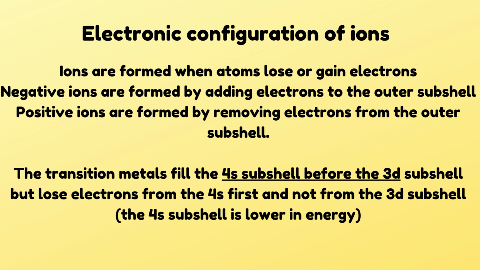So point to be noted: filling first 4s subshell, then 3d. Removing electrons from 4s first. So both filling and removing are from the 4s subshell, not from the 3d. This is a point you have to remember.